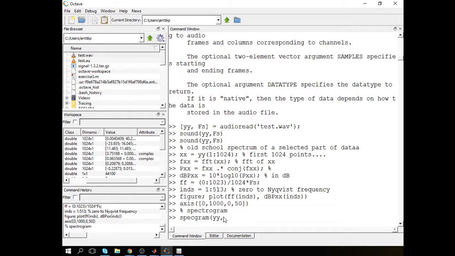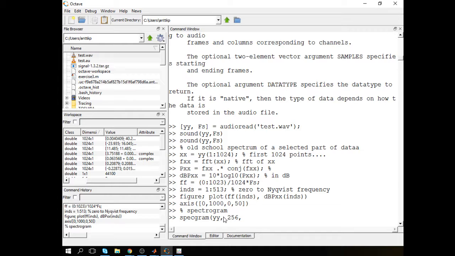Then how many points? 1024 points, for example. Oh, this is quite much. Maybe 256 is enough, or maybe 512, as long as it's 2 to the power of something.